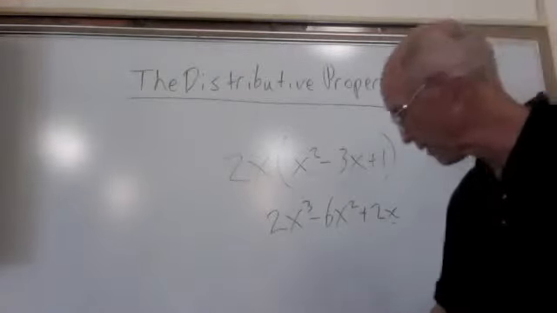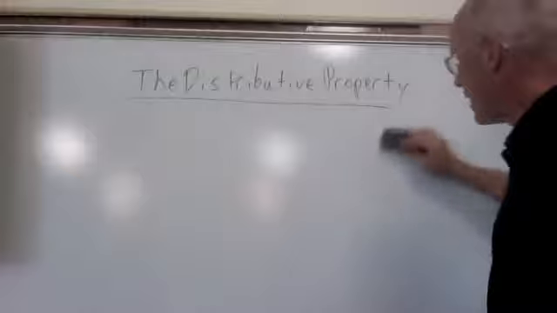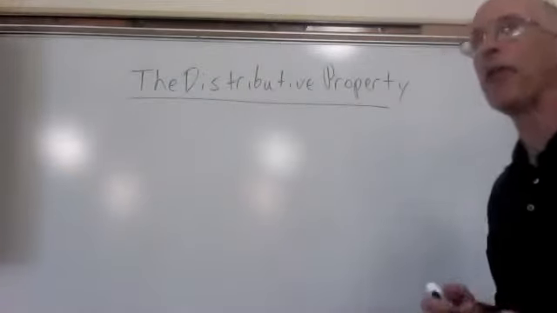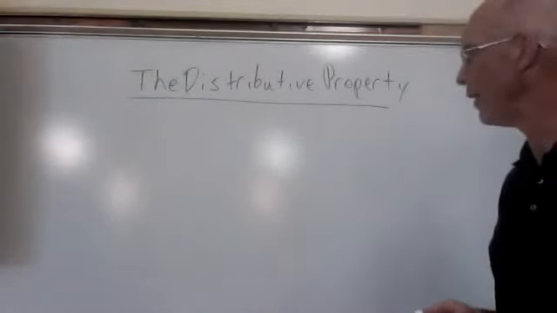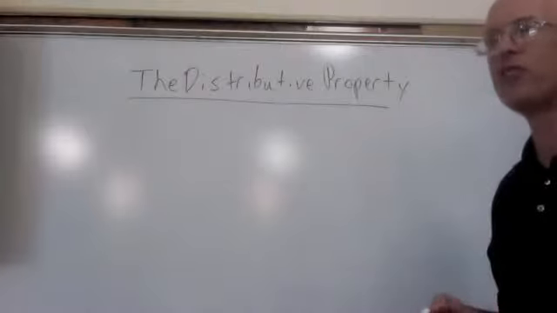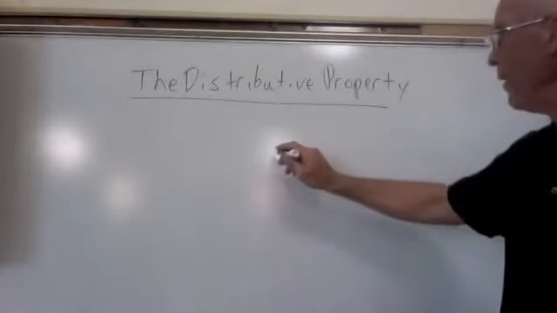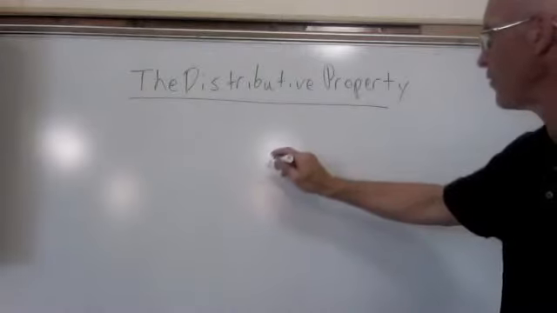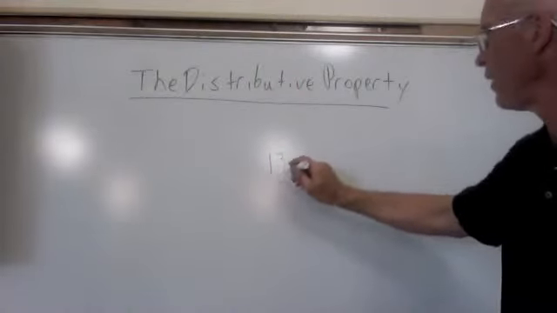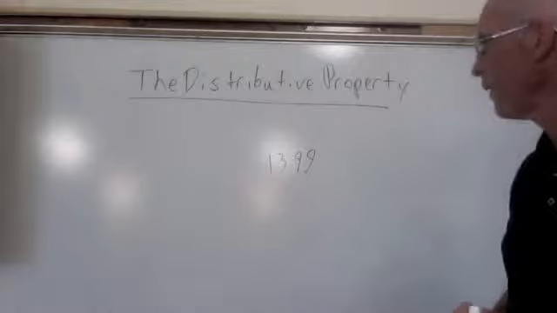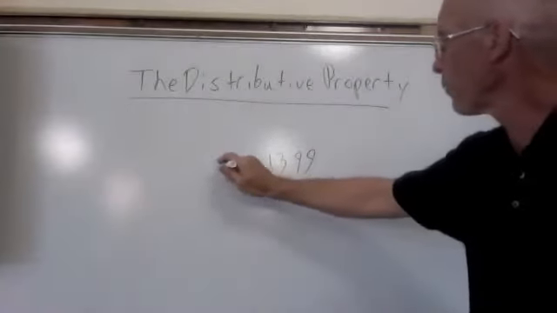All right? This can come in handy to do things like mental math. If I walked into Easy Street and I was going to buy an album, and maybe the CD cost $13.99, and I wanted to buy 3 of these.